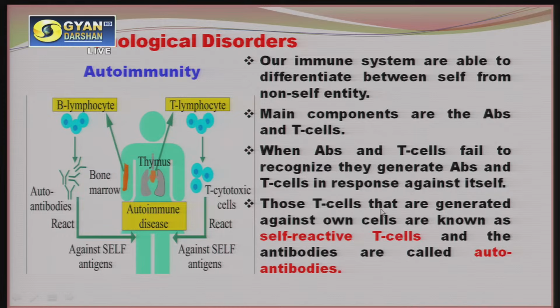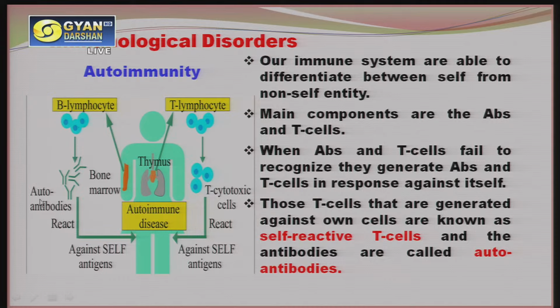And those T cells that are generated against own cells are known as self-reactive cells. The T cells that can recognize the own cell are known as self-reactive T cells. Antibodies that can recognize the self cells are known as autoantibodies. Here is the B lymphocyte, here is the T lymphocyte.